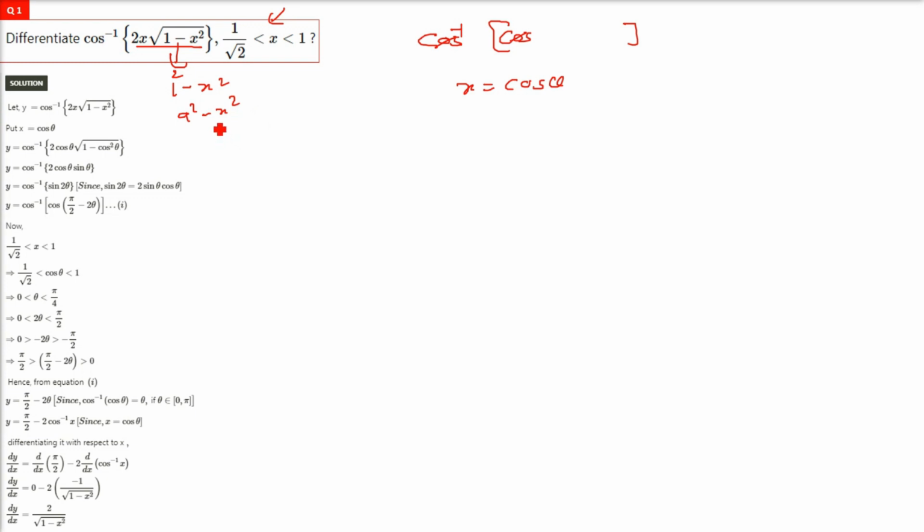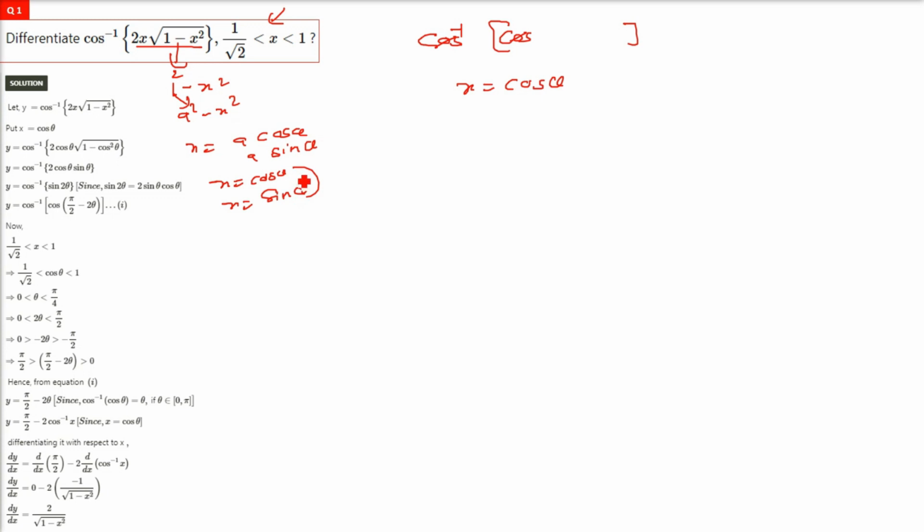In place of x you can put cos theta or sin theta. A in our example is 1 only, so either you will put cos theta or sin theta, it's up to you.